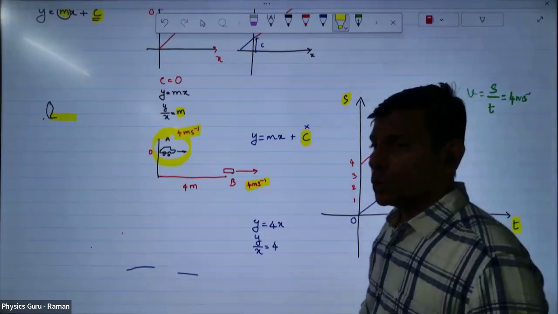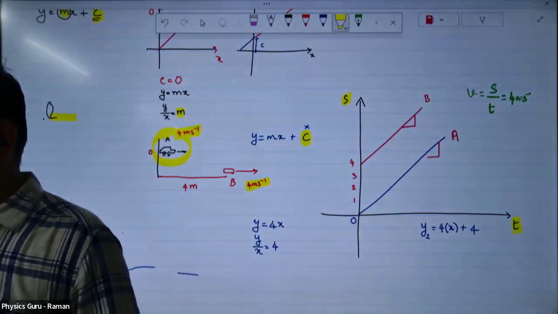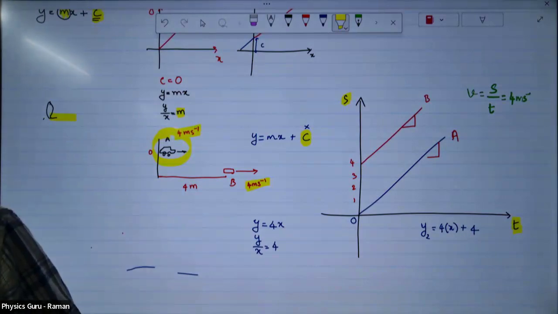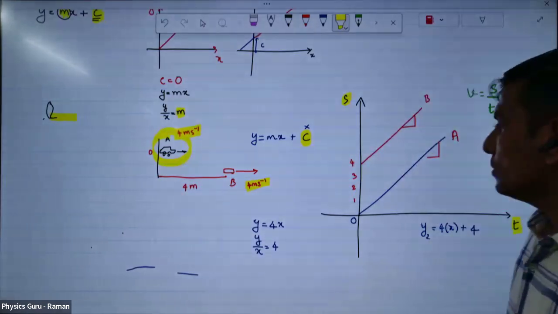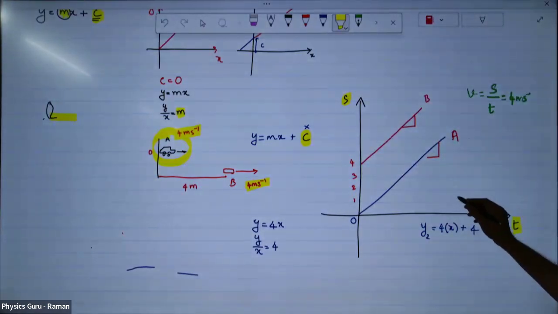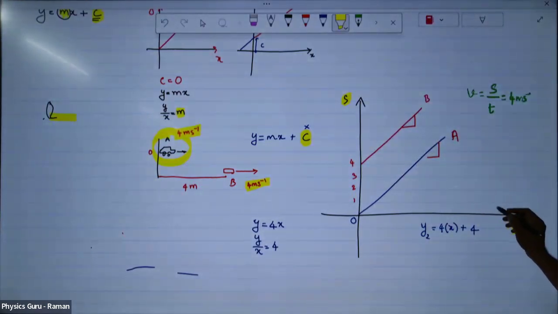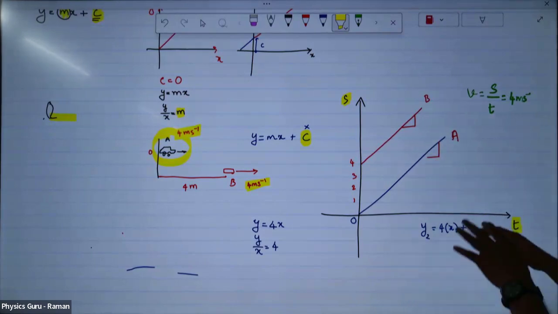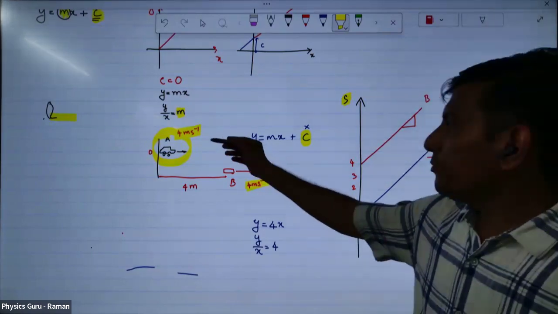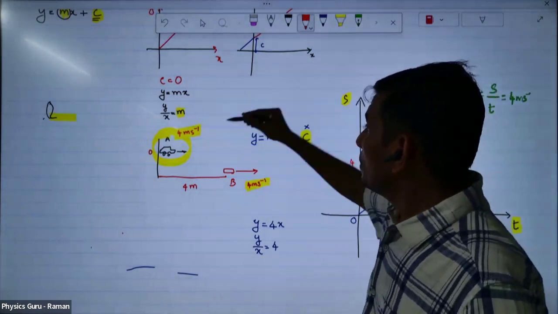Velocity should be the displacement time graph's slope. Am I right? Yes, sir. Okay. Velocity should be the displacement time graph's slope. Already that information is given to us.